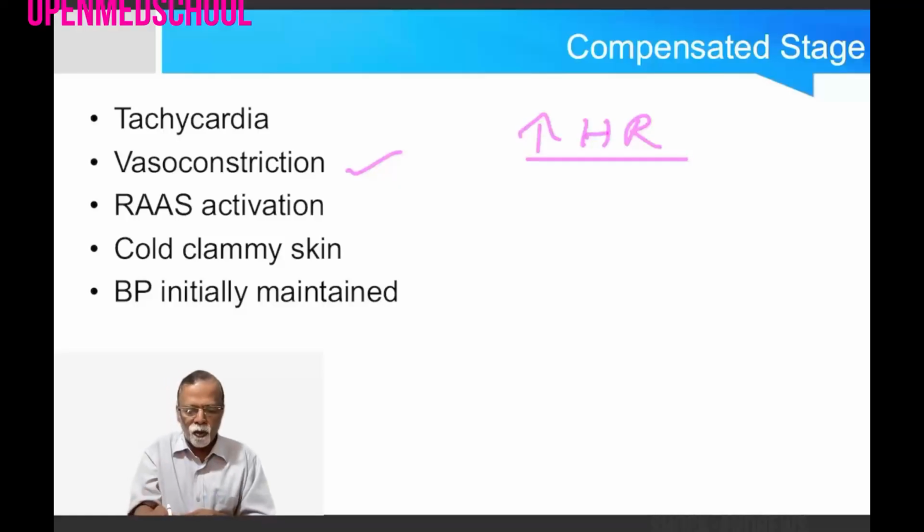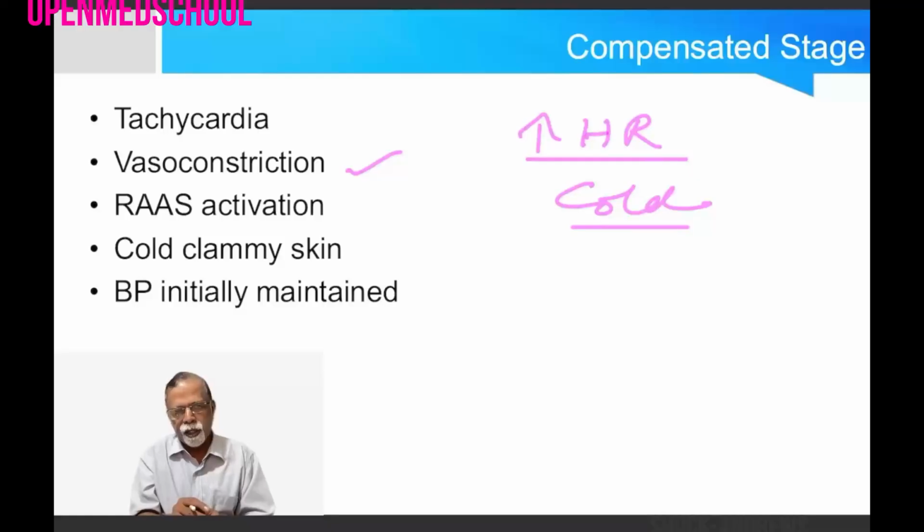So the skin becomes cold and clammy. You may have seen somebody with diarrhea. When there is a lot of fluid loss, the skin is cold. And there is an activation of the renin-angiotensin system. The neurohormonal systems are activated.